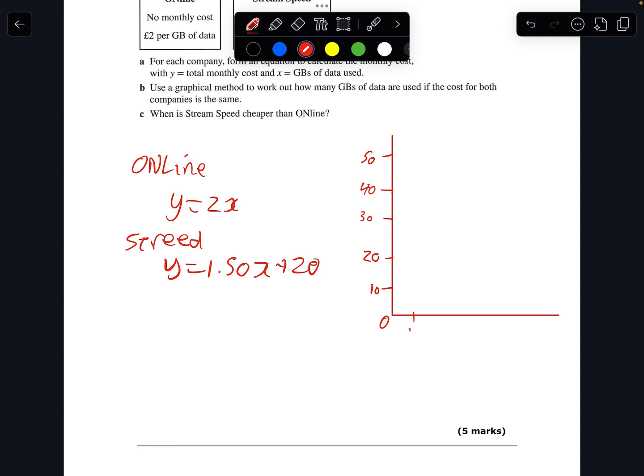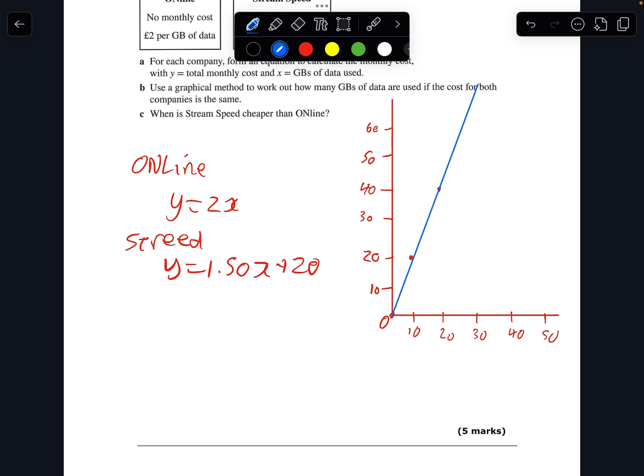Let's make this a bit taller, just in case. We know for online, at 0 it's 0, at 10 it's 20, at 20 it's 40, so on and so forth. So I get a line that looks something like that.